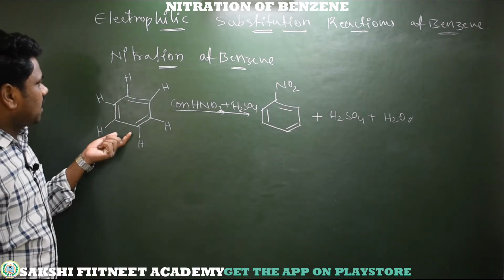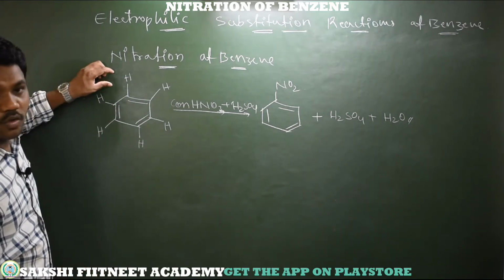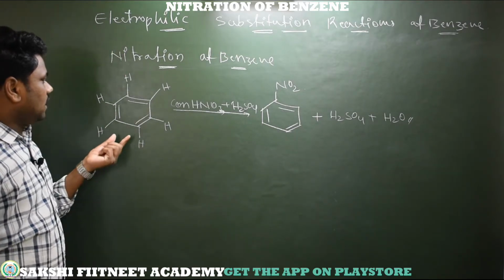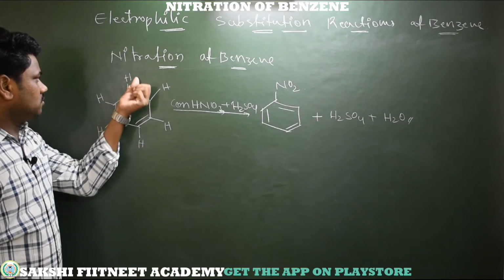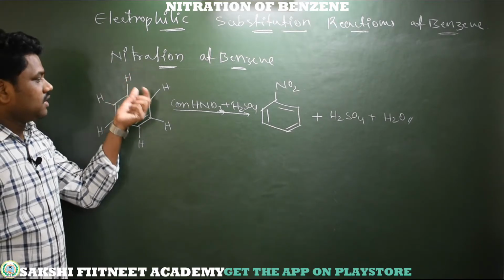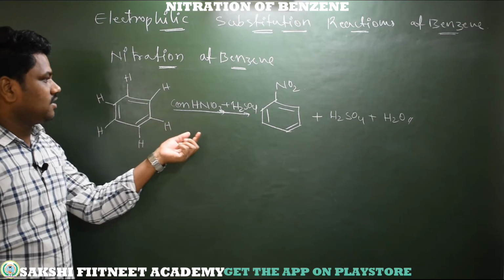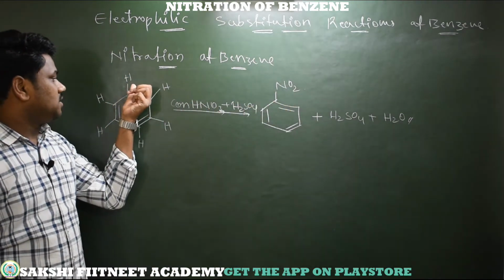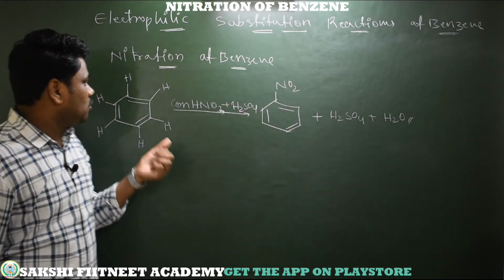If the benzene has a substituent on one of the carbons, then based on the group, whether it is electron donating or withdrawing, the electrophile, here the NO2 electrophile, is going to select a particular carbon.